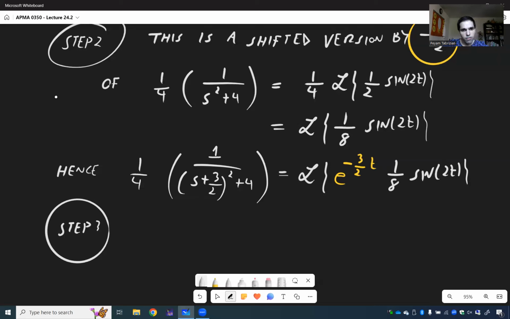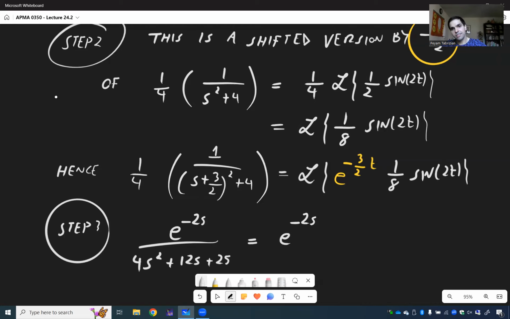We had e to the minus 2s over 4s squared plus 12s plus 25. That becomes e to the minus 2s times the Laplace transform that we found, 1/8 e to the minus 3/2 t sine of 2t, because this whole thing was 1 over 4s squared plus 12s plus 25.